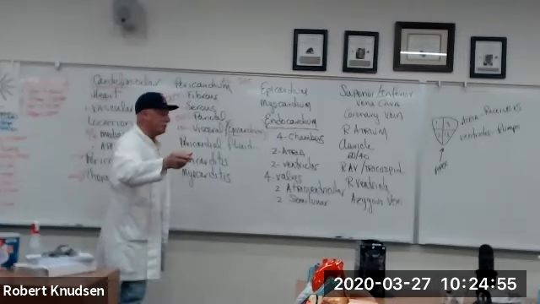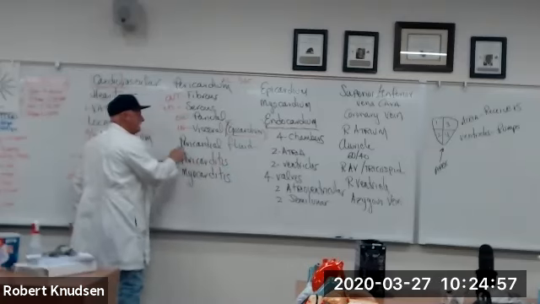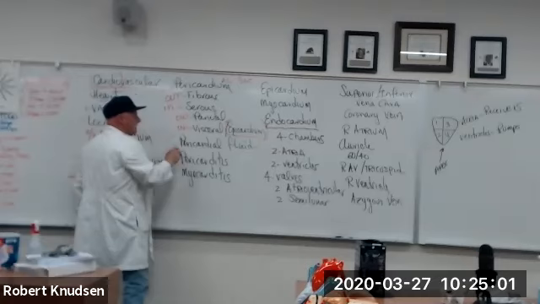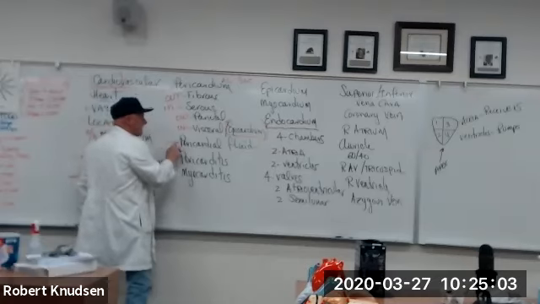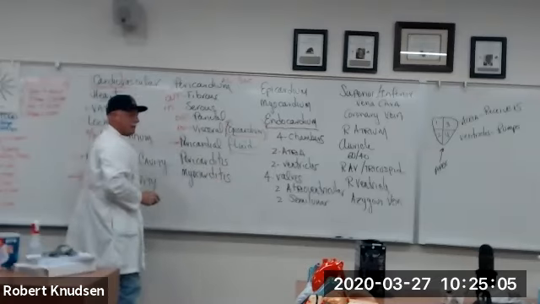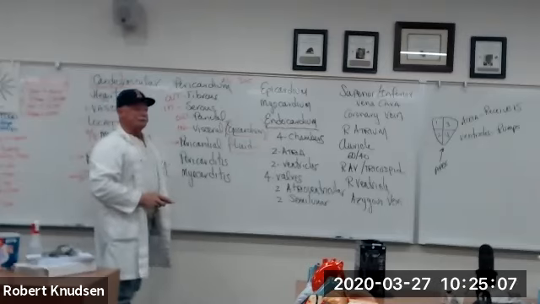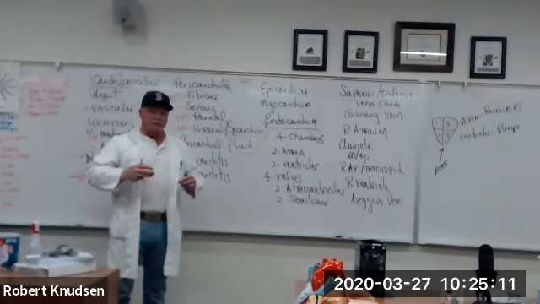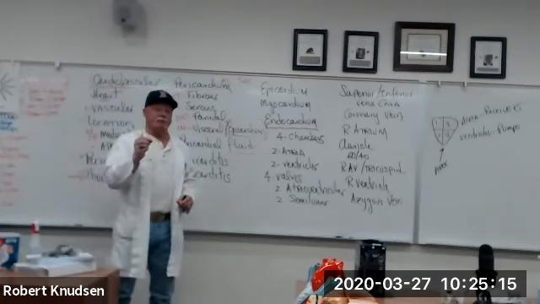Okay, I told you the reasons why, and that fluid has a name. Since it's in this pericardial sac or pericardium, we call it the pericardial fluid. Now, if the sac becomes infected or injured, it will produce more fluid.